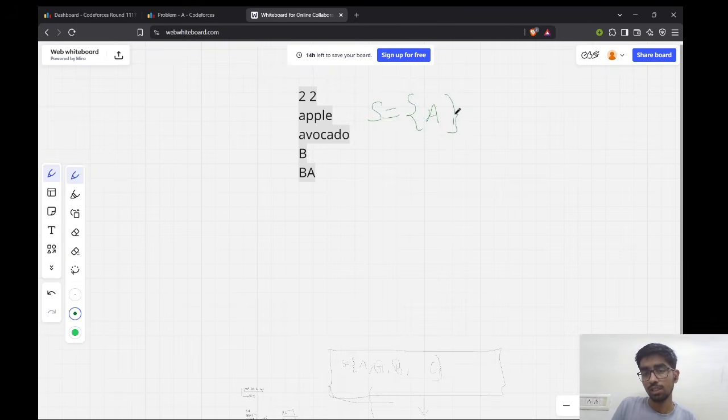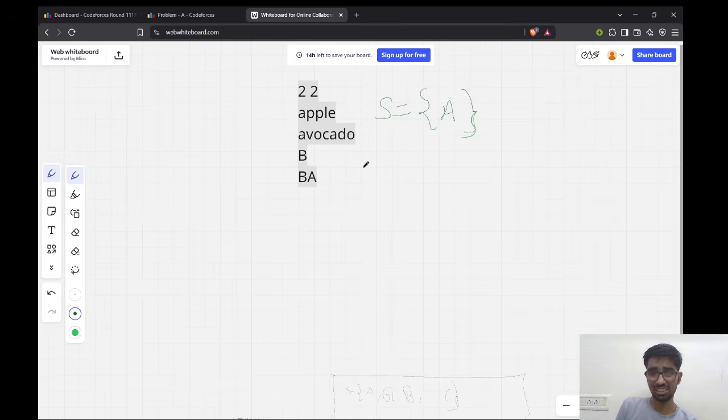And one thing more, we'll be storing it in capital letters, because the words are present in the form of small letters. So we'll be converting it into the capital letter, then we'll be storing it. You can do it anyway, either using the ASCII values or using the built-in STL. So yeah, you can.